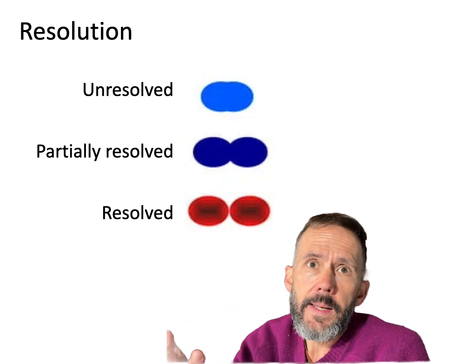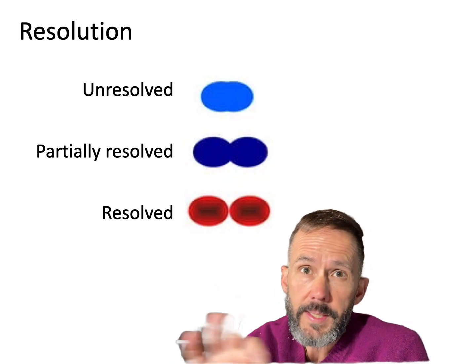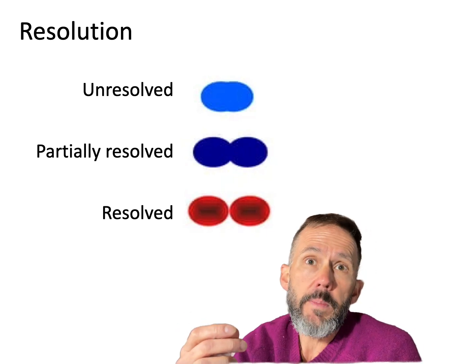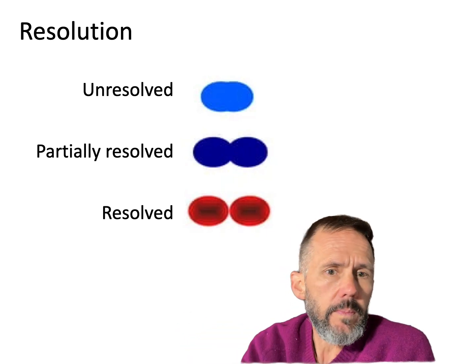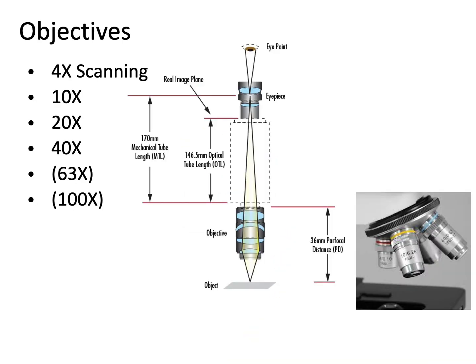Lenses can resolve specific points in space, and we can calculate that based on the type of objective that we're using. So how do we resolve stuff? In the teaching labs you've been in before, you've encountered the microscope objectives on a turret, shown on the right, pretty standard.